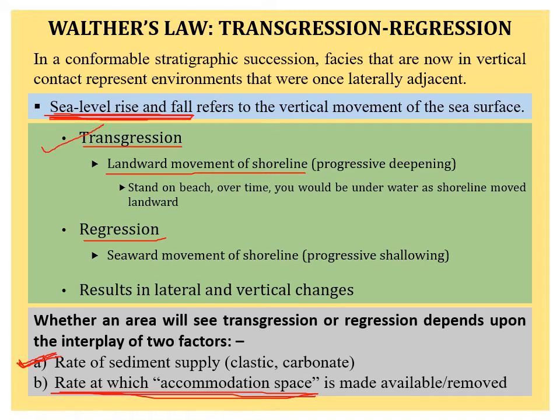So that is the eustatic phenomenon, that means a global phenomenon. Along with that, the accommodation space is also increased for this increased global water level, because now more and more area is available for sediment deposition.